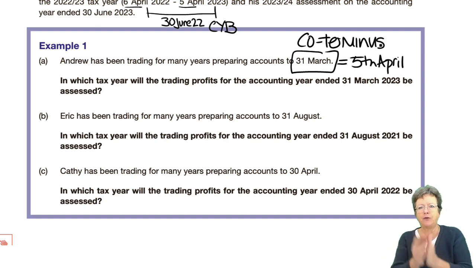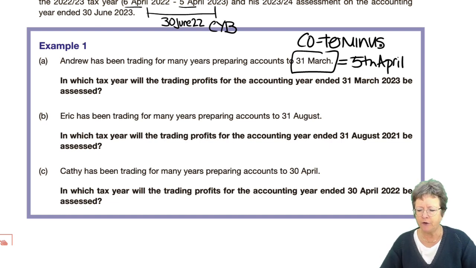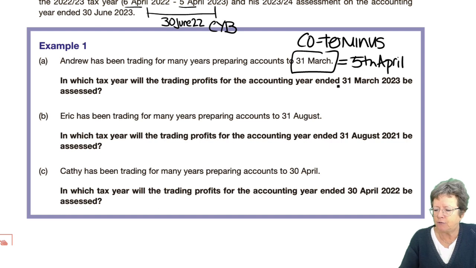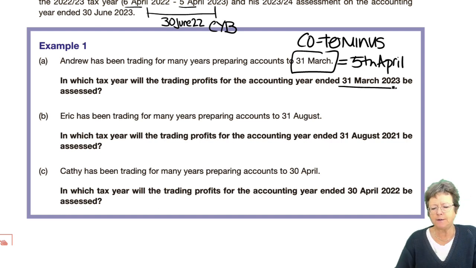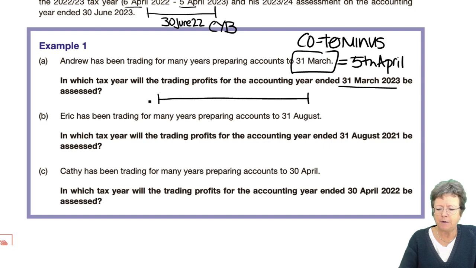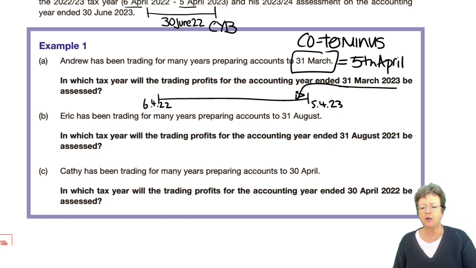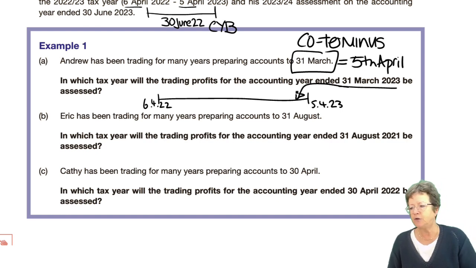Revenue accept that the 31st of March and 5th of April are treated as the same. Okay. So in what year will 31st of March 23 be assessed? Well, if that's your tax year, 6/4/22 to 5/4/23, then that date is just about there. So it will fall in 22/23.